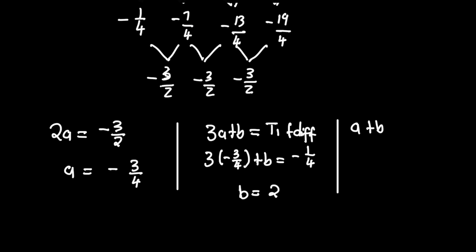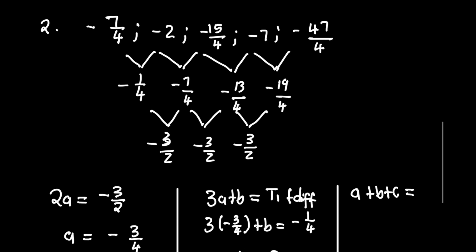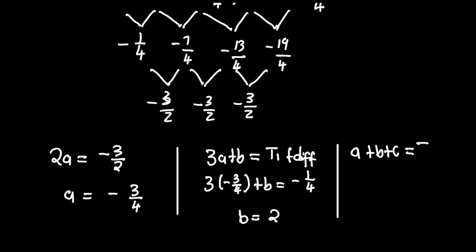a plus b plus c equals the first term of the sequence. a is -3/4, b is 2, c is what we're looking for, equals -7/4. c is going to be -3.